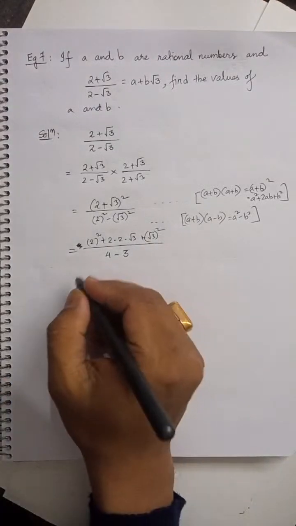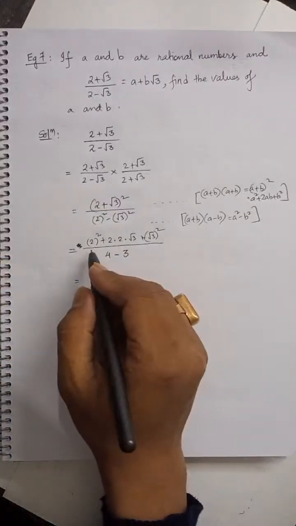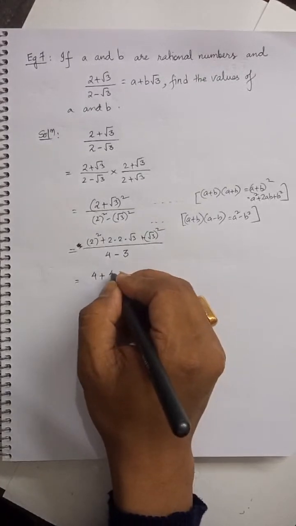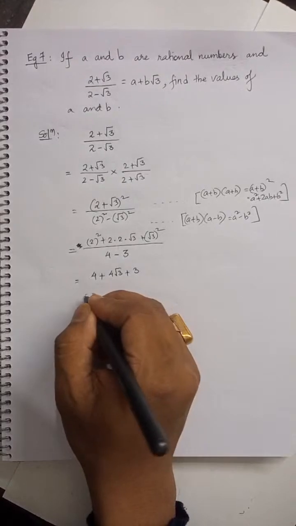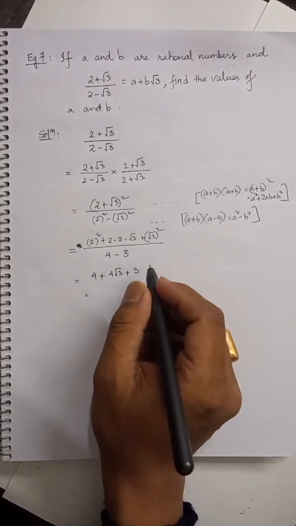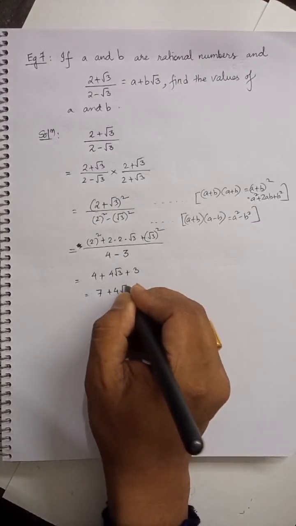Okay, so 4 minus 3 is how much? 1. So we are not going to write the denominator. So this is 2 square, 2 square is 4. 2 into 2 is again 4 root over 3, and root over 3 whole square is 3. So this is 3 plus 4. These are rational numbers, so we can add them up. So 7 plus 4 root over 3.